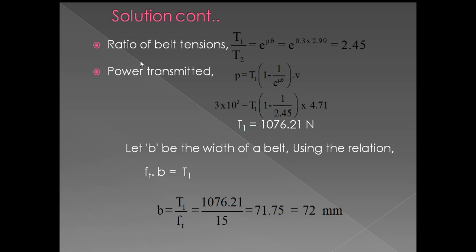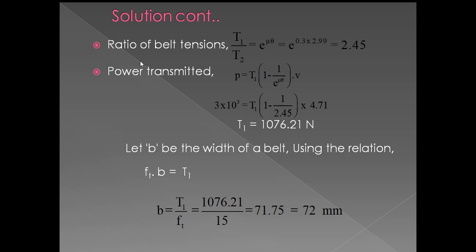So from that B equal to T1 by Ft. T1 is 1076.21 by Ft is 15. So from that B is equal to 71.75 mm. So it is around 72 mm.